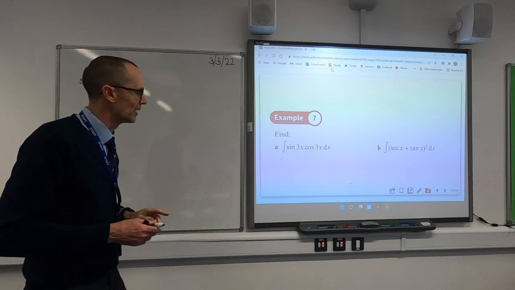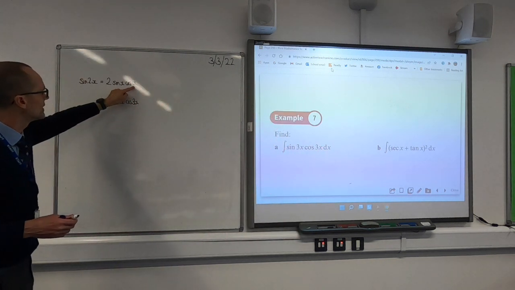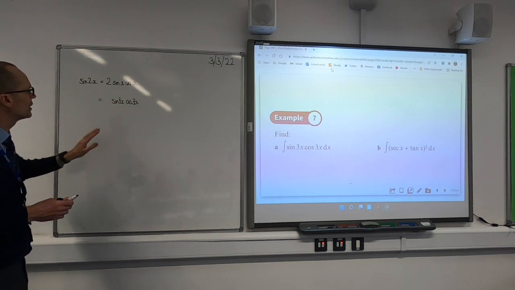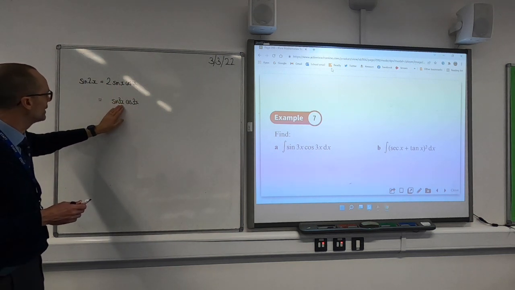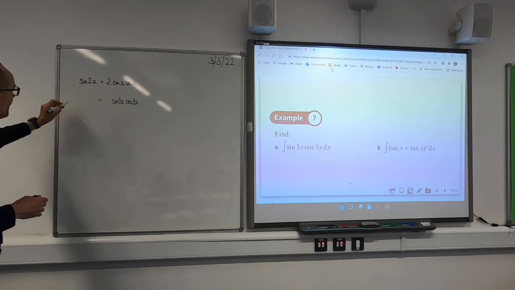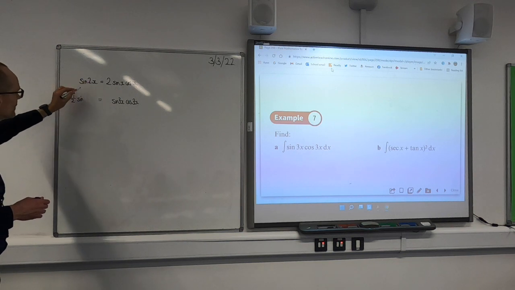For those watching at home, this looks a little bit like this, and I know that that is sine 2x. So if I go from that to this, x has become 3x, and I've got half as much. So I've actually got half of sine, well, if x has become 3x, 2 lots of that would be 6x.